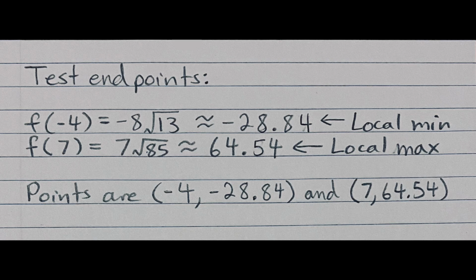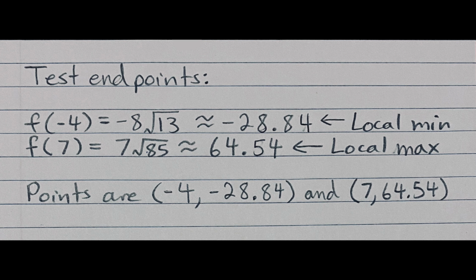So I tested the endpoints, and I got f of -4 equals -28.84, and f of 7 equals 64.54. So at x equals -4, we have a local minimum, and the y value is -28.84.